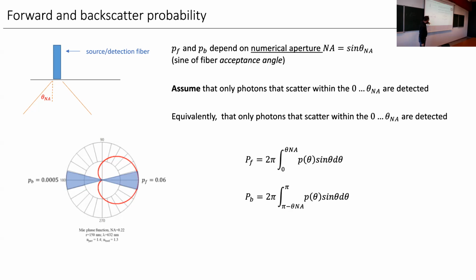For this specific calculation, this is a phase function for a 150 nanometer particle with red light. Performing these integrals shows you that the forward scattering probability is 6%, but the probability of backscattering is an order of magnitude smaller.